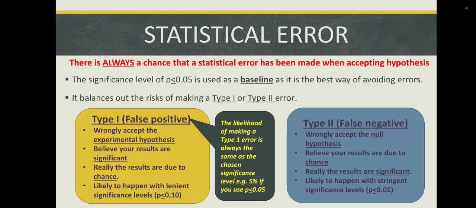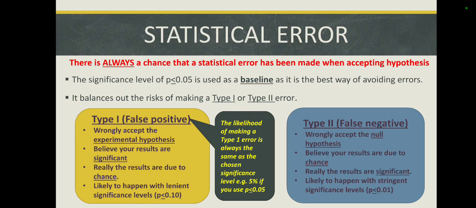So that exam question that we've just had up there, we're saying why are they likely to have made a type 2 error, or what is the risk of type 2 error in the context of that study. We're saying that they may have potentially applied a too stringent significance level, and therefore maybe they've accepted their null hypothesis when in actual fact they could have probably accepted their alternate.